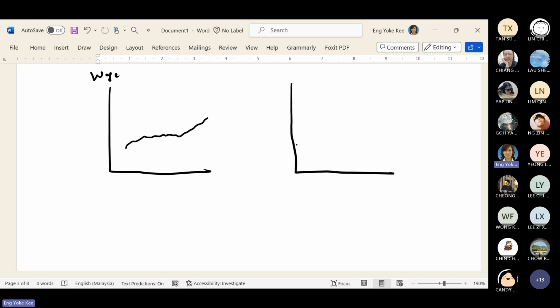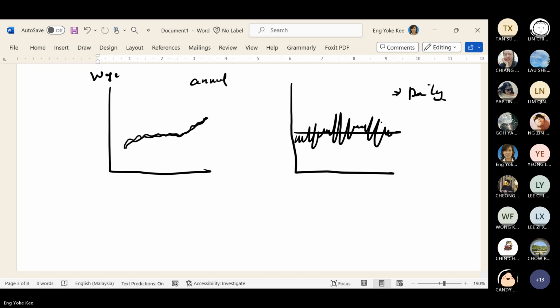Okay, you see stock market. Very volatile. Daily data. It's annual data, for example. So the fluctuation is quite steady, not much changes. But for daily data or real-time data, the fluctuation is huge.